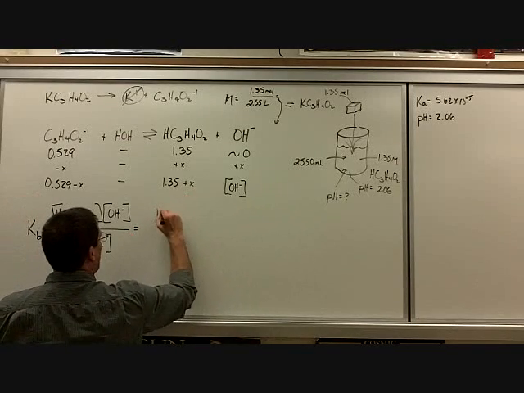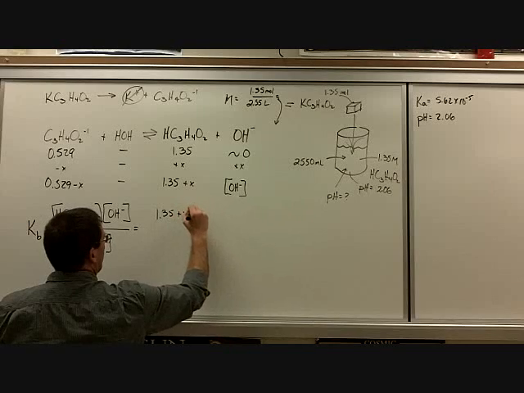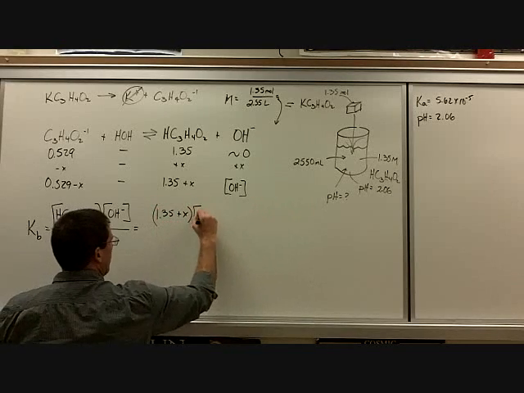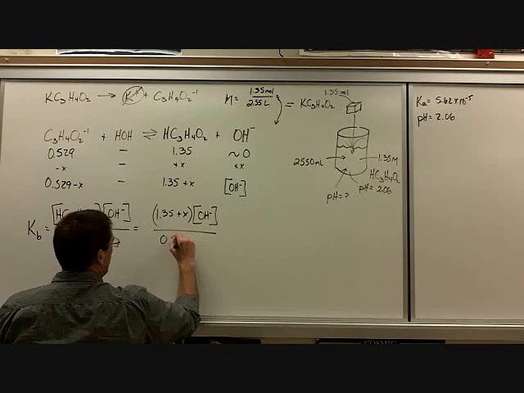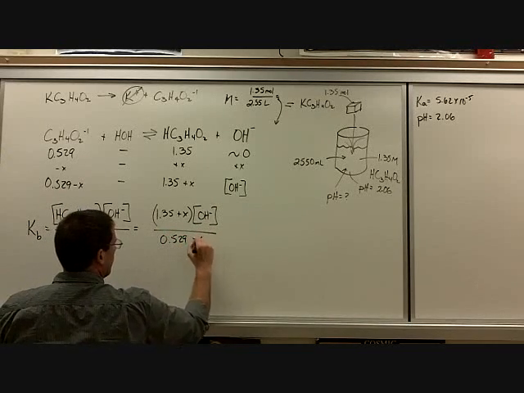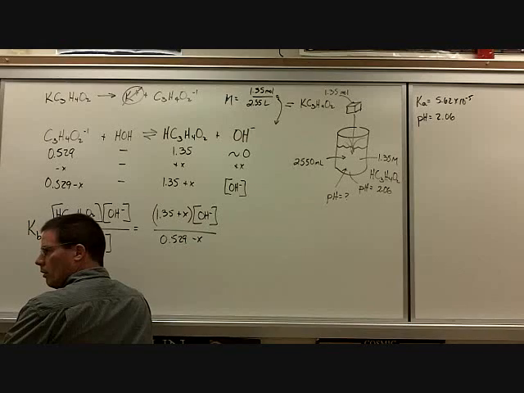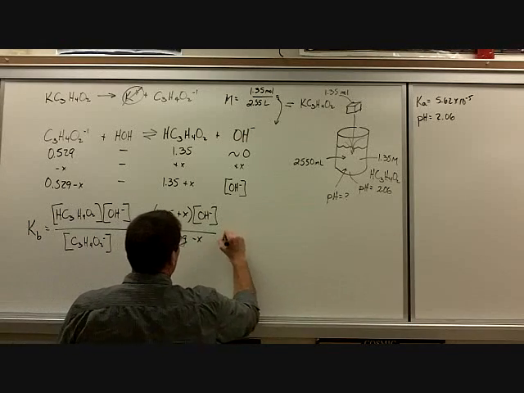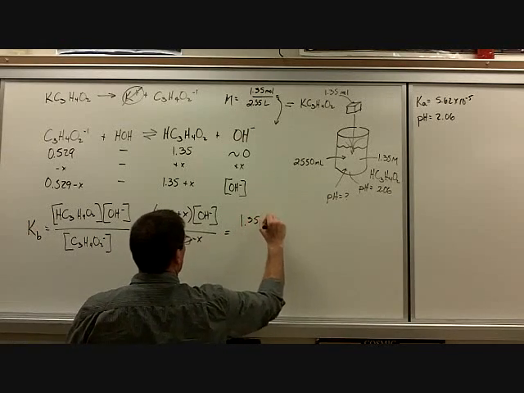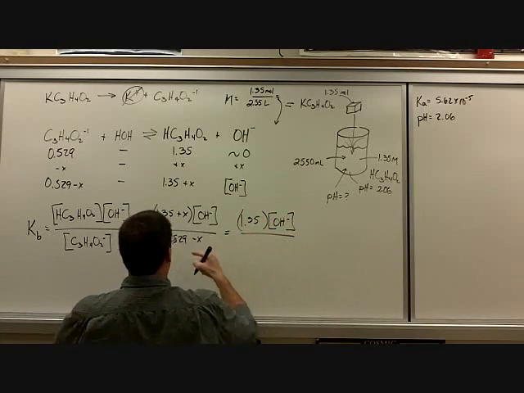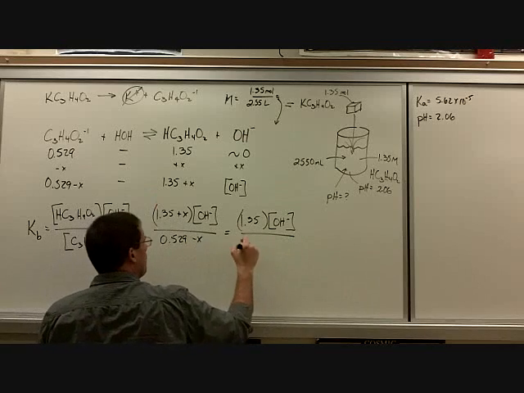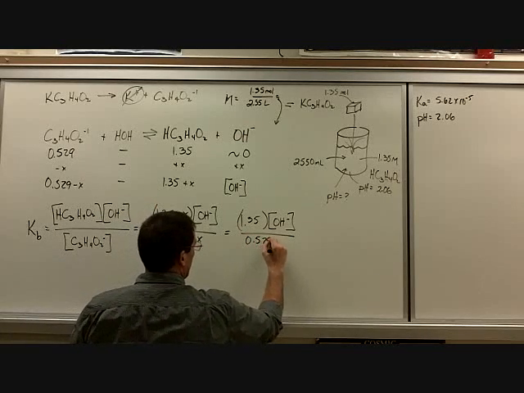We have 1.35 plus x times the hydroxide concentration over 0.529 minus x. Did you guys say you wanted to use 5%? Yeah. Good call. So now we've got 1.35 times the hydroxide, because we can drop whatever is added to or subtracted from a given concentration.